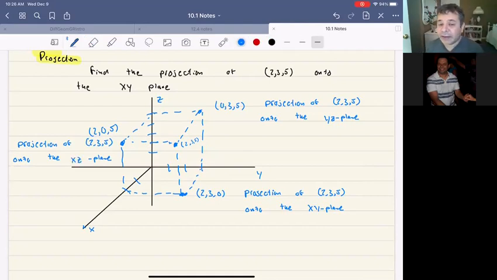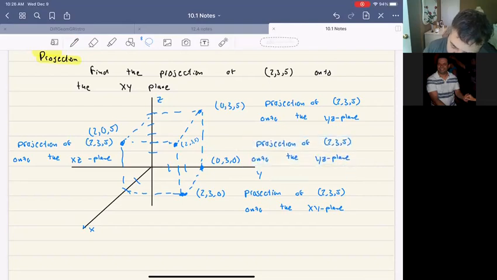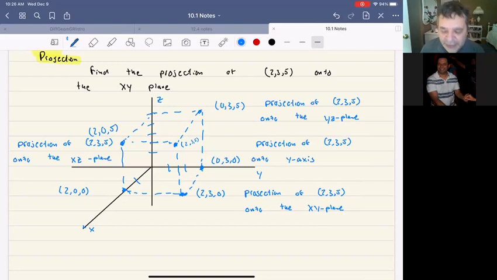Okay, now that's not it all. We could also have, for example, this point here. Okay, that point is 0, 3, 0, and that's the projection of the point onto the y-axis. And as you might guess, this point here, which is 2, 0, 0, that's going to be the projection of the point onto the x-axis.